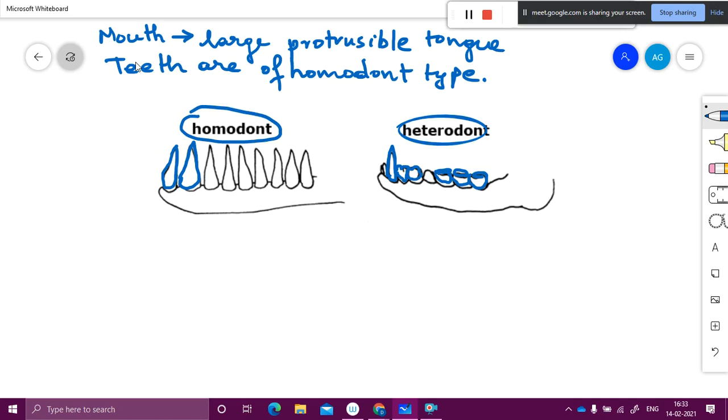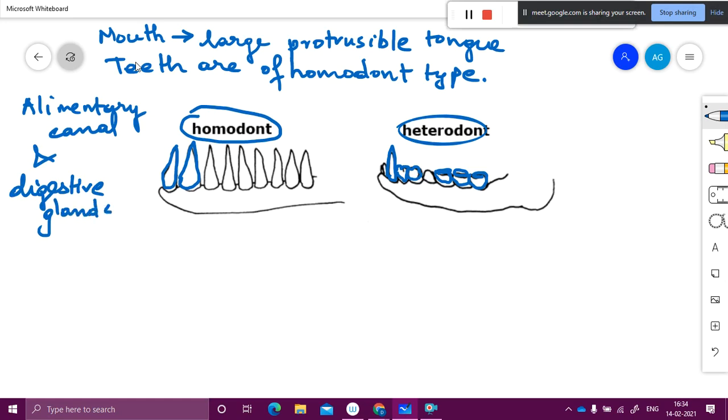And if you look at the digestive system, you have the alimentary canal and different digestive glands. Apart from that, if you look at respiration, it can take place through gills in the larva, the tadpoles.